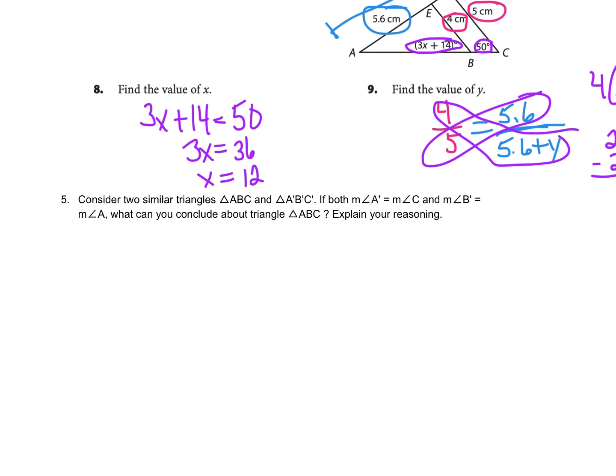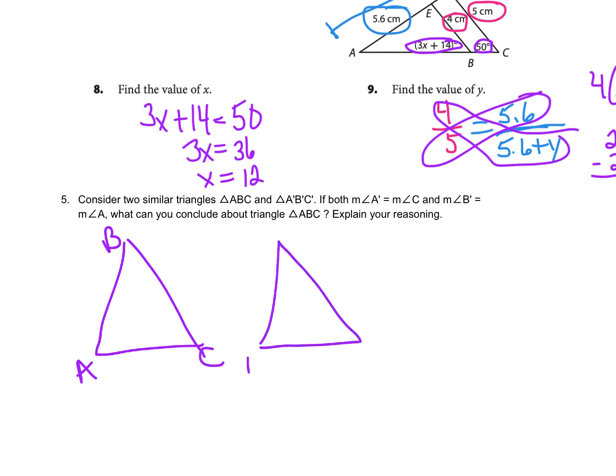Consider two similar triangles. If both angle A equals angle C and B equals A, okay, let's draw these. So two similar triangles, ABC and triangle A prime, B prime, C prime. So I know right off the bat, because of this statement, that these are congruent.